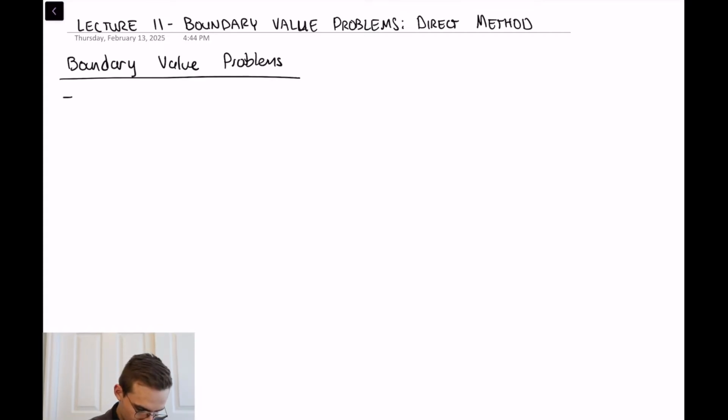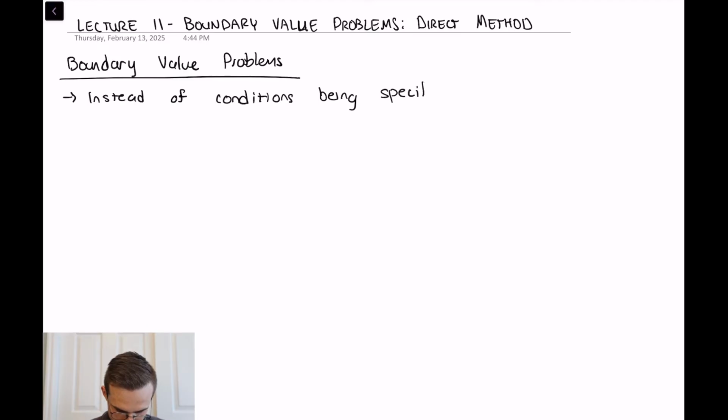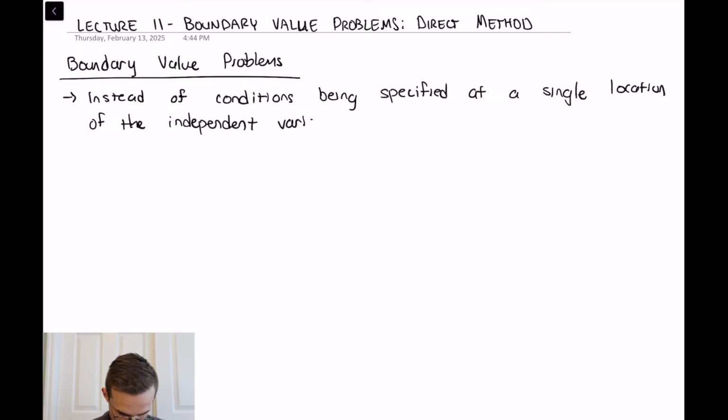Okay, and so the main difference, and we discussed this before actually, is that instead of conditions being specified at a single location of the independent variable, that is what we have for IVPs, or initial value problems.